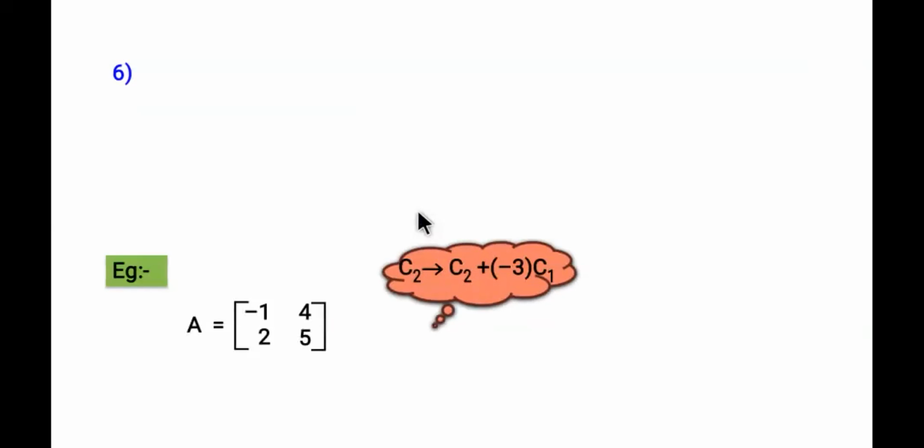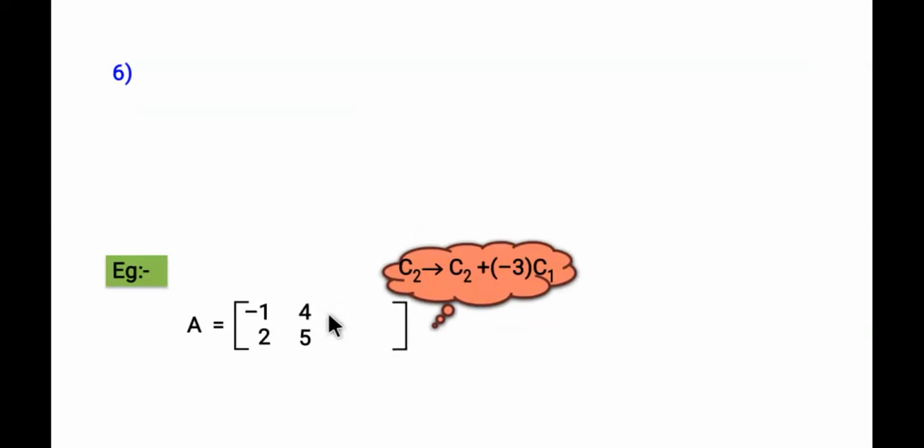So let's take an example, -1, 2, 4, 5. So the operation, if you see, it is written that C2 changes to C2 plus -3 times C1. Let's apply this. Your column 2 is 4 and 5. So with the help of column 1, you're going to change your column 2.